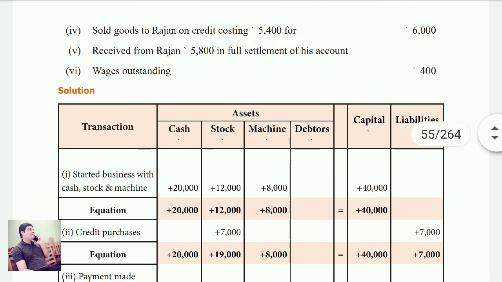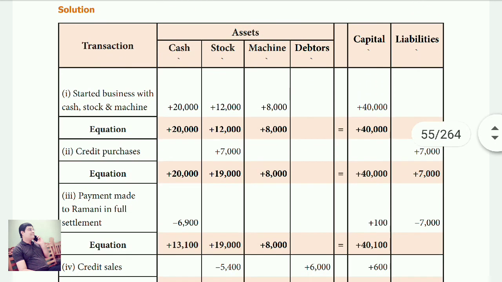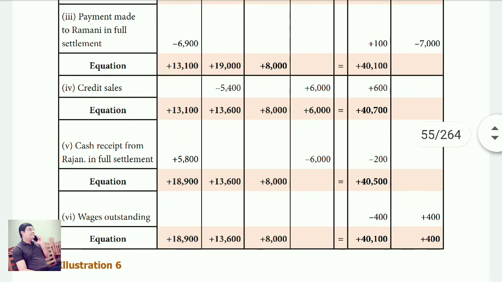Now, see the fifth one, very important, wages outstanding rupees 400. So wages outstanding. This outstanding means still yet to be paid or not yet paid. 400 rupees less from the capital and plus wages outstanding rupees 400.